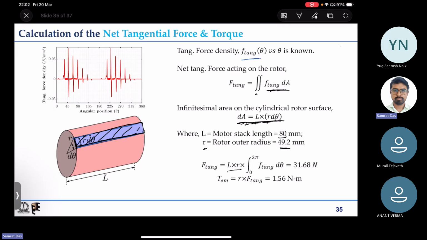You have to integrate from 0 to 2 pi F tang into d theta. You know F tang as a function of theta. So integration of that means the area under the curve. So you have F tangential something like this.